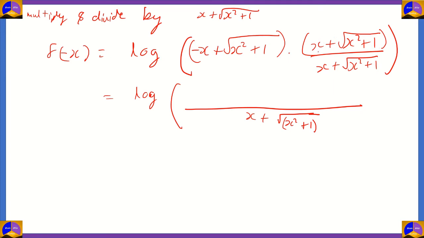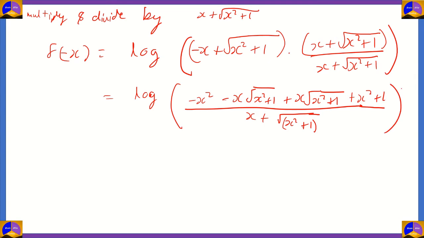Minus x times x gives you minus x squared, plus minus x times the root of x squared plus 1 gives you minus x times root of x squared plus 1, and root of x squared plus 1 times x gives you plus x times root of x squared plus 1, and multiplying root of x squared plus 1 with root of x squared plus 1 is essentially squaring it, so you will get x squared plus 1.